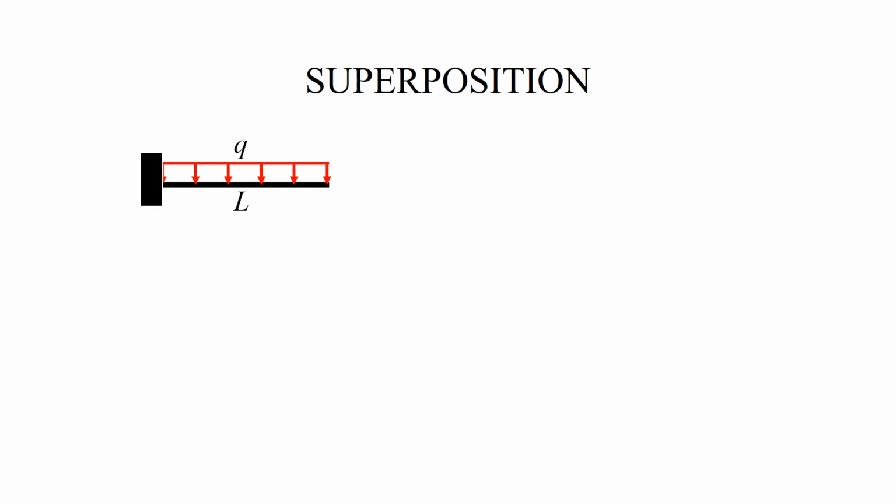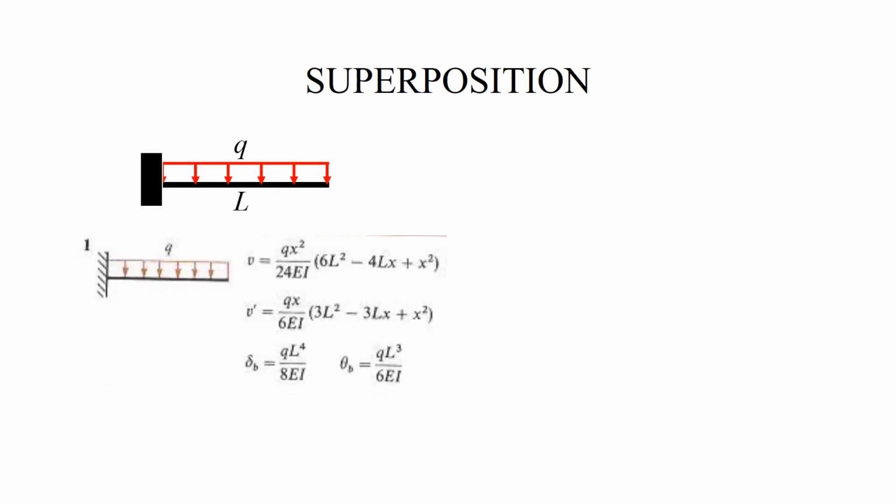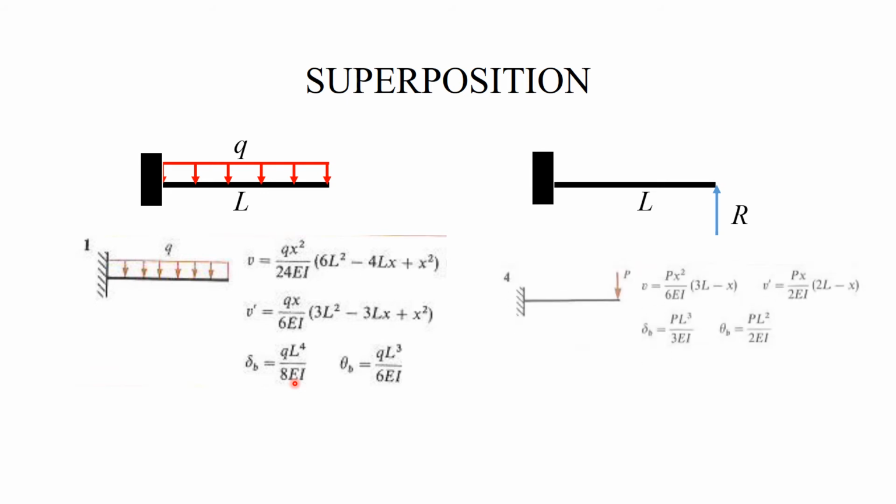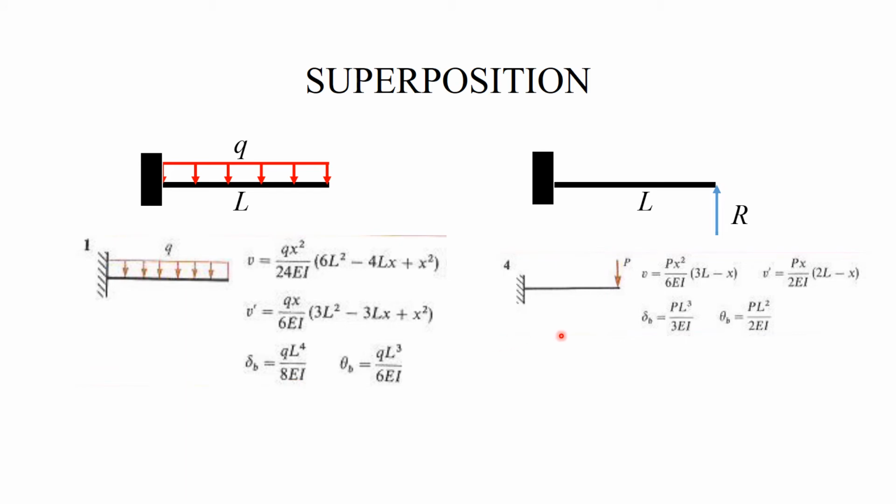To implement this idea, let me first find the displacement due to the applied load, and it is given by this expression. Then I can analyze this case. Again, I have a table and it's given by this expression. Now let me put together these two, and I have the expression for delta.